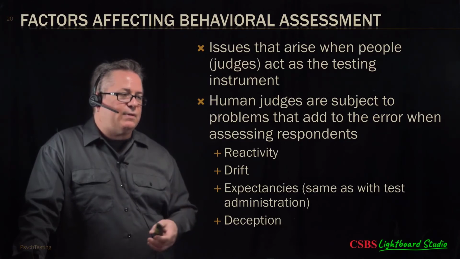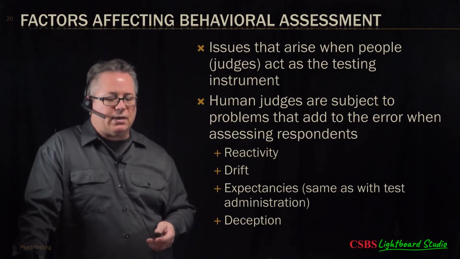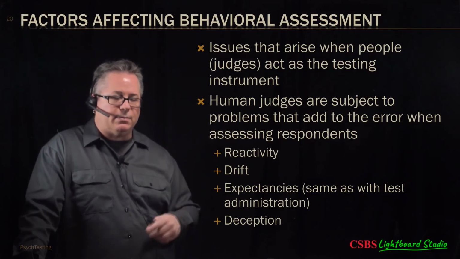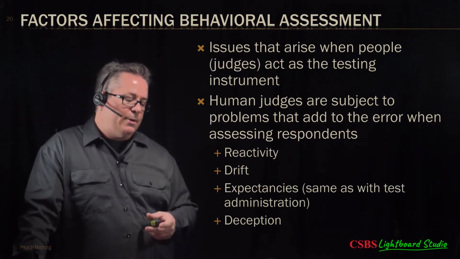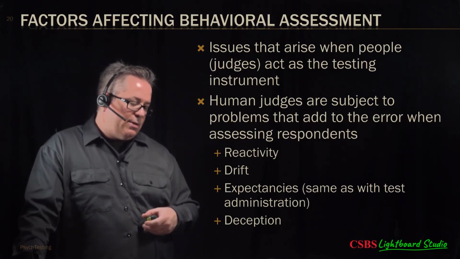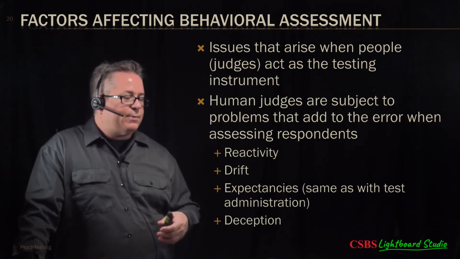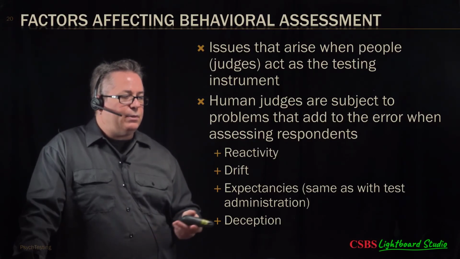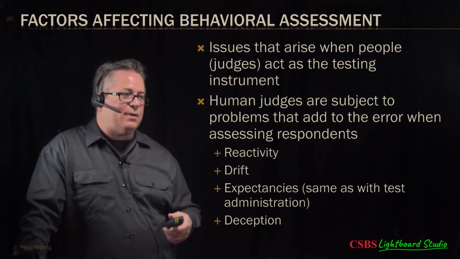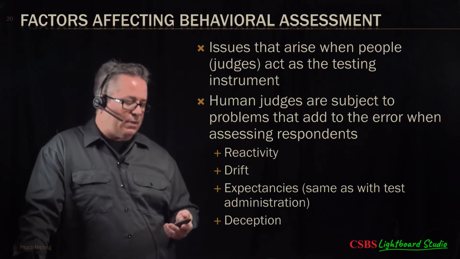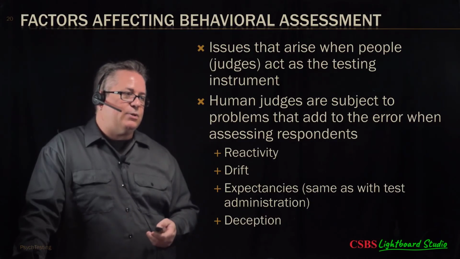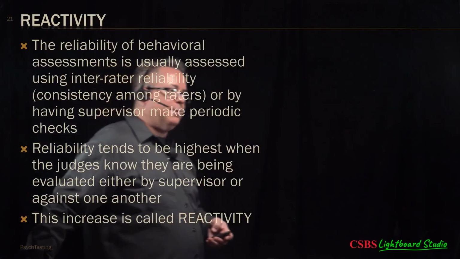And judges oftentimes are not very good at telling deception from reality. People are pretty poor deception detectors. Some training can help. There are things like lie detectors that will help, but they're still not infallible, and they're not even admissible in court because there are so many issues with them.